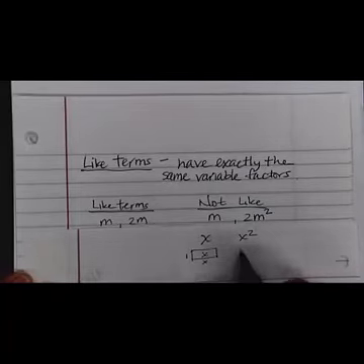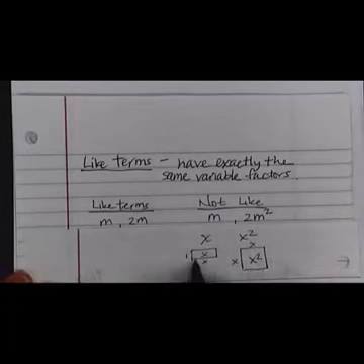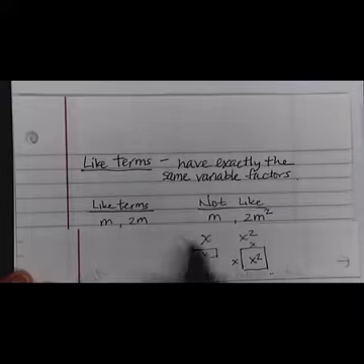X squared is x by x, and the area of that is x squared. So this is a square and this is a rectangle. Are rectangles and squares alike? No, that's why they're not like terms.